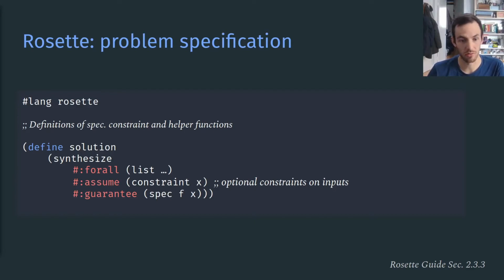And then the guarantee part. This is where you put the specification. So in this problem, for example, we'll have a solution such that for all the variables in the forall list, assuming that these variables satisfy the constraint, we have the guarantee that the function f that will be synthesized satisfies spec f x, where some specification for f is satisfied.